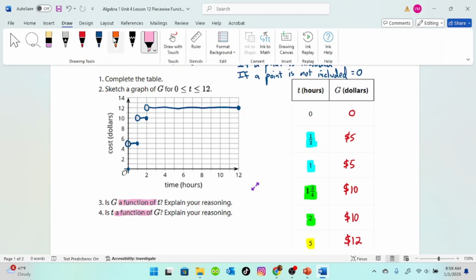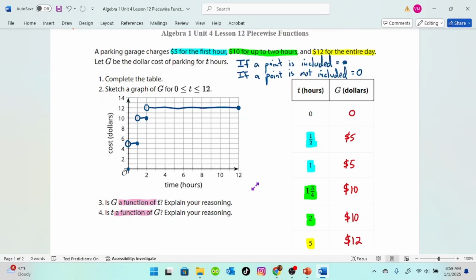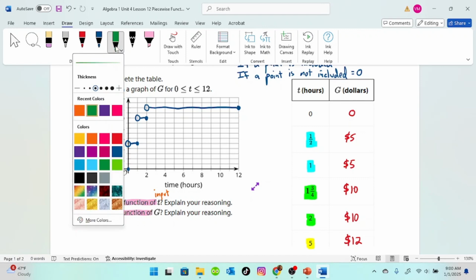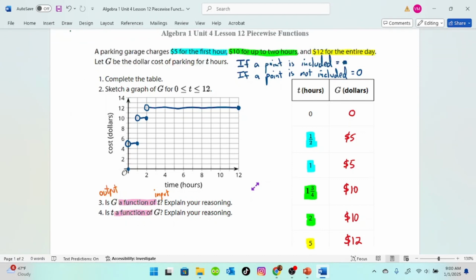Anytime you see this, remember whatever comes before is your output, and whatever comes after is your input. Same thing down here on number 4. Whatever comes before those words is your output. Whatever comes after those words is your input.